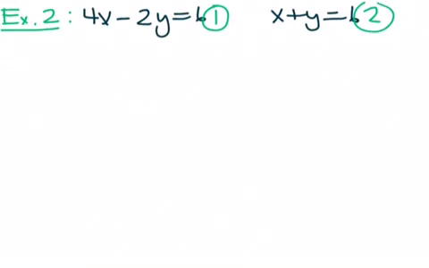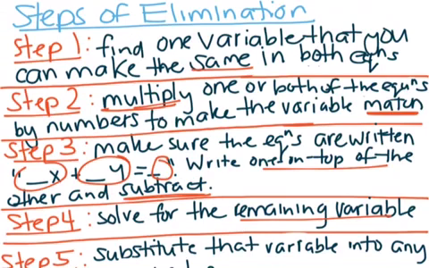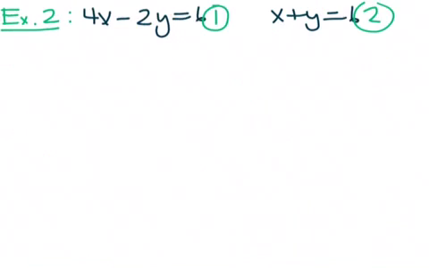Let's go back to our steps. Here we go. Step 1, find one variable that you can make the same in both equations. Let's see. Well, I see that I've got 4x here and x here, and I've got -2y and y here.